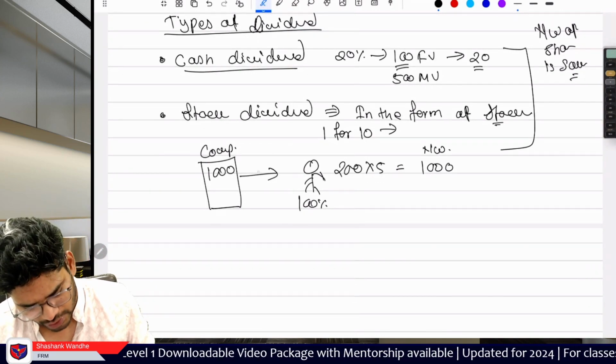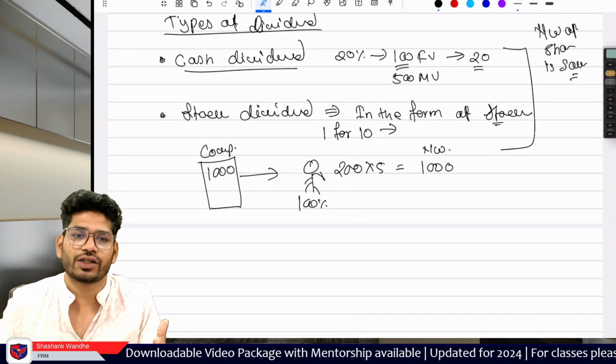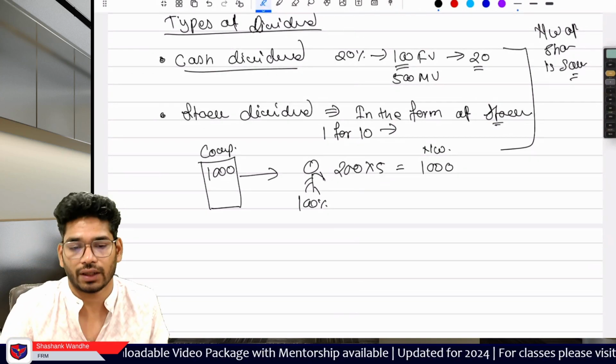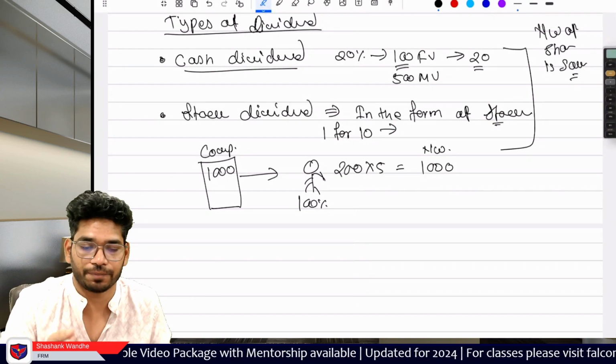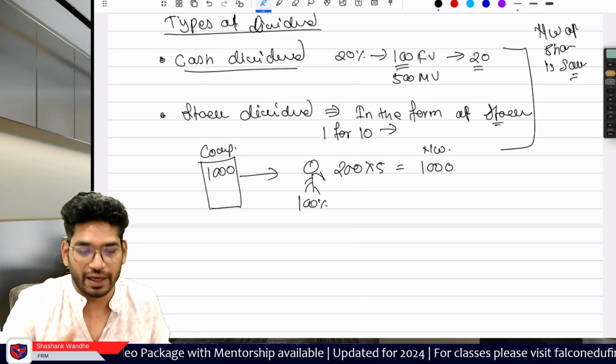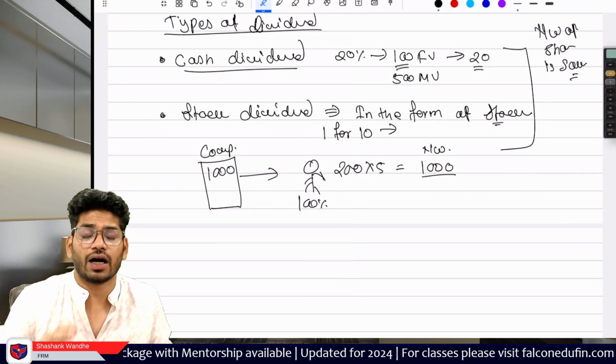So this is your company, and you are holding 200 shares in this company. You have a 5 per share price, so 200 multiplied by 5. So net worth is 1000.